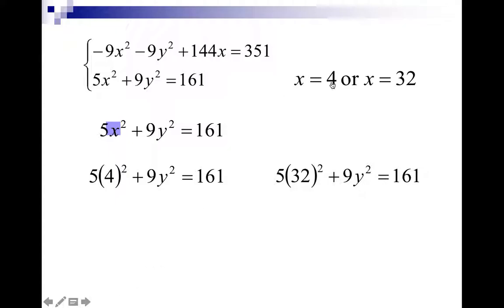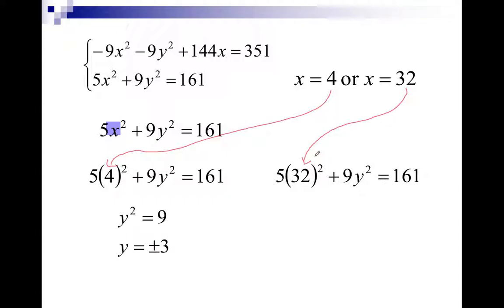Right? Took the 4, put it in for the x, take the 32, put it in for the x. Now these numbers are a little high. The numbers on the test might be high, but probably not this high. You're not going to be squaring 32.